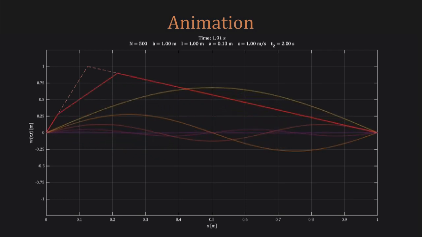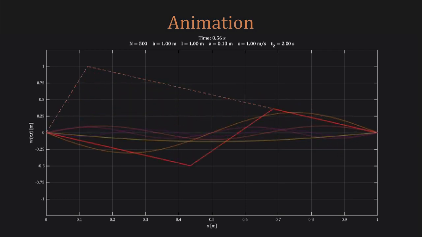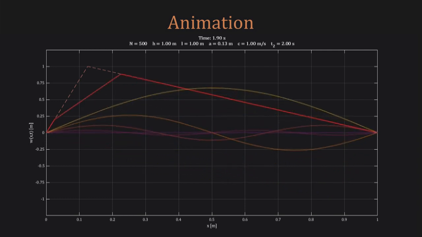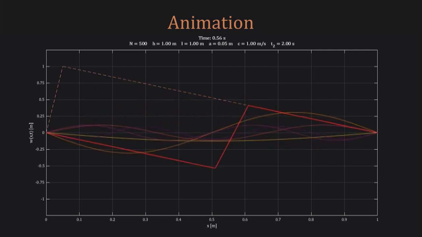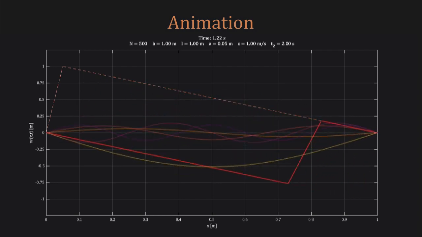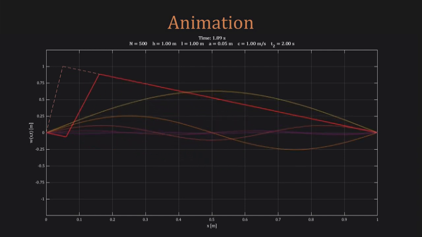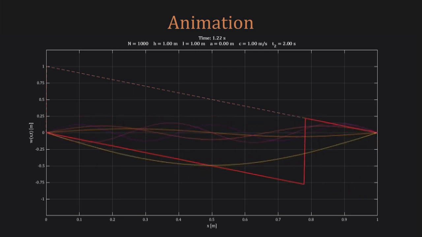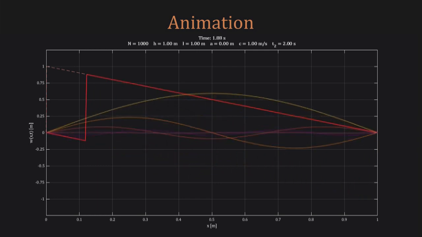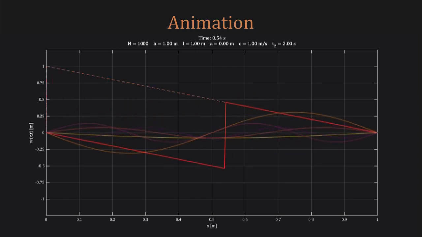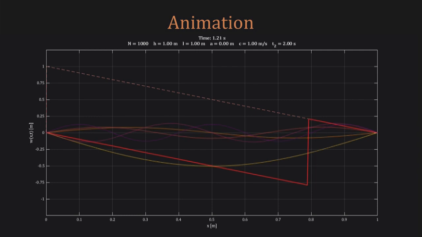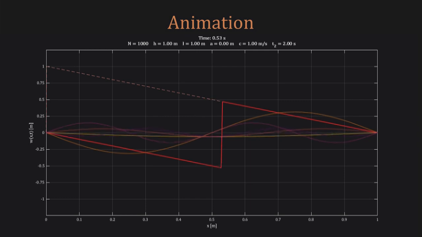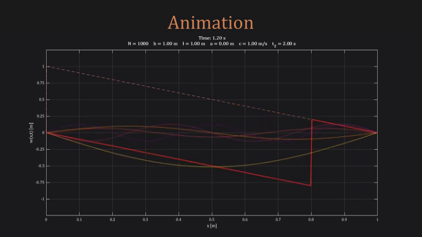For this case, we have a equals 1/8 of L. Now this is for a equals 1/20th of L. And this is for a equals 1/1000 of L. We can't make a equal to 0 or L because some of the equations diverge, but we can make a very, very small, sort of like a limit.